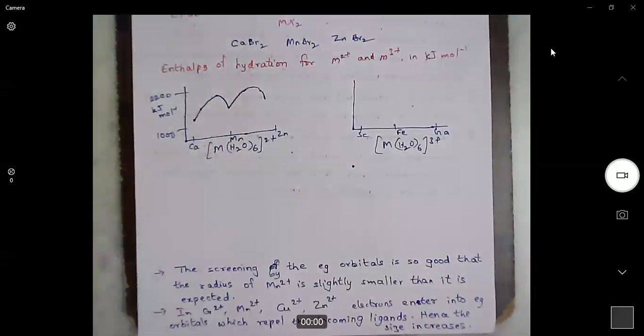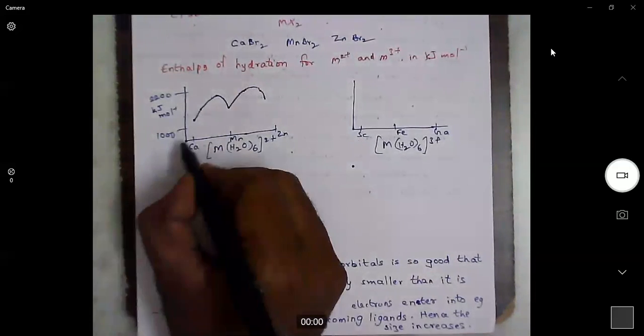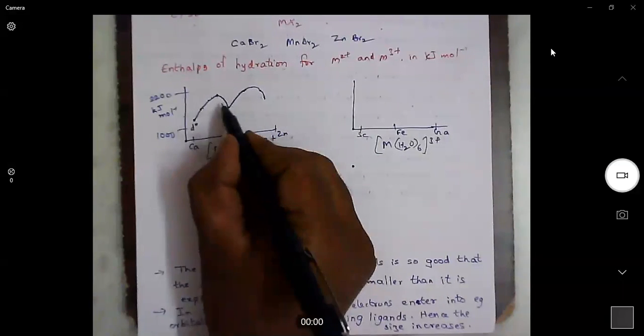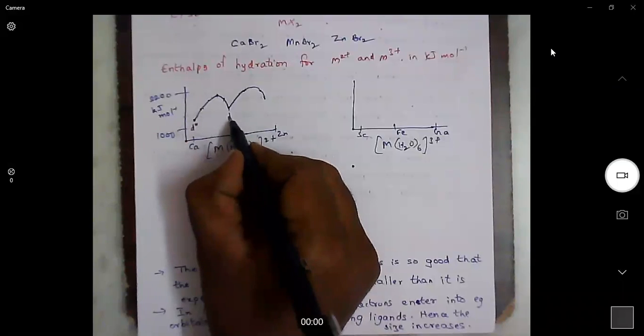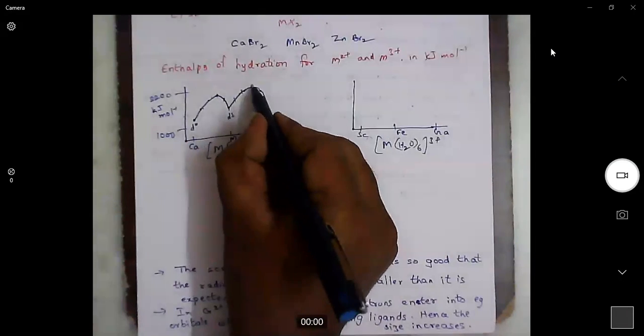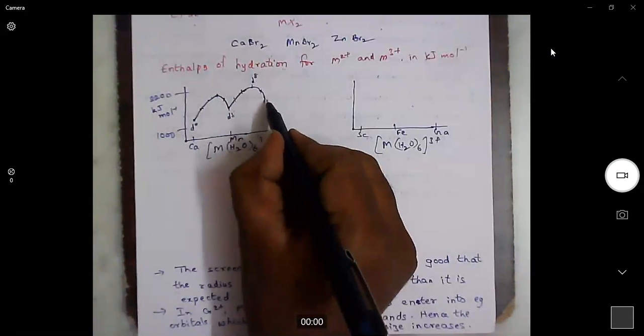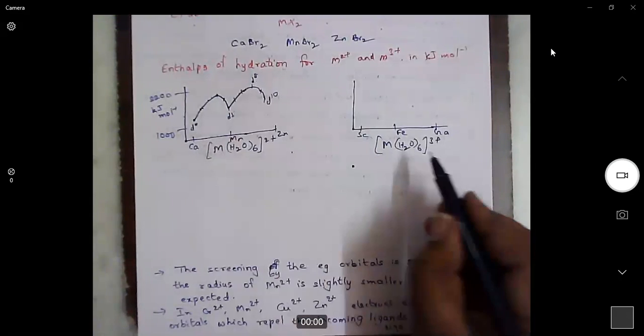So it will follow the same trend. So it is d0, then d1, d2, d3, d4, d5, then d6, d7, d8, d8 it will be maximum, then d9, d10.